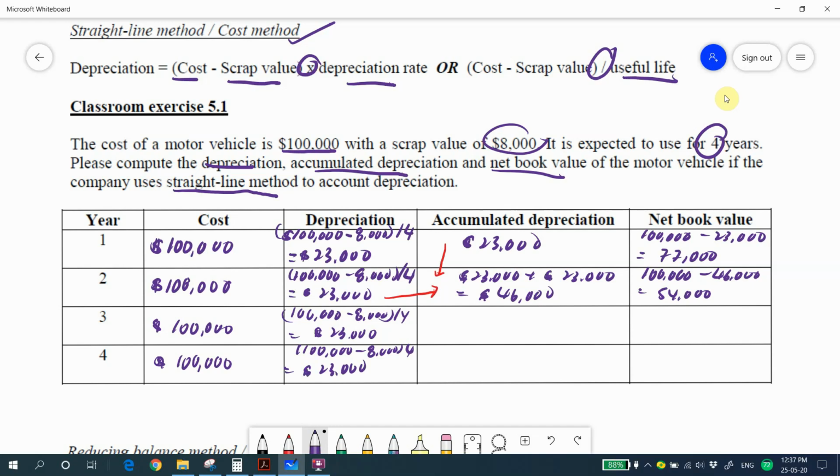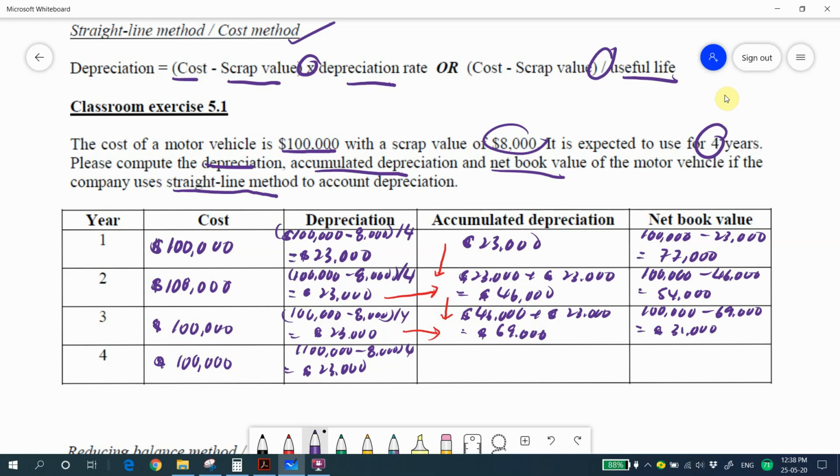For year 3 accumulated depreciation, we use last year's accumulated plus this year's depreciation, which is 46,000 plus 23,000, total 69,000. And your net book value is 100,000 minus 69,000 to get 31,000.